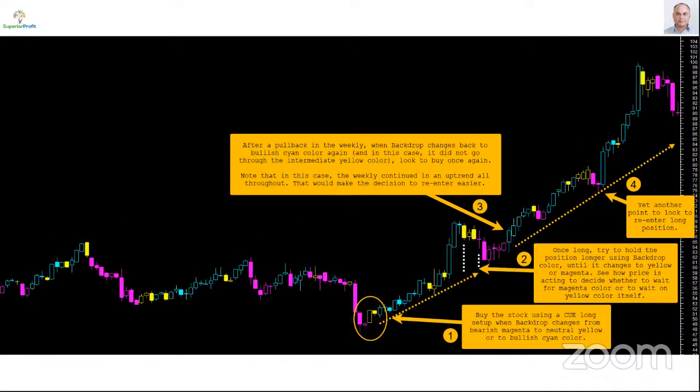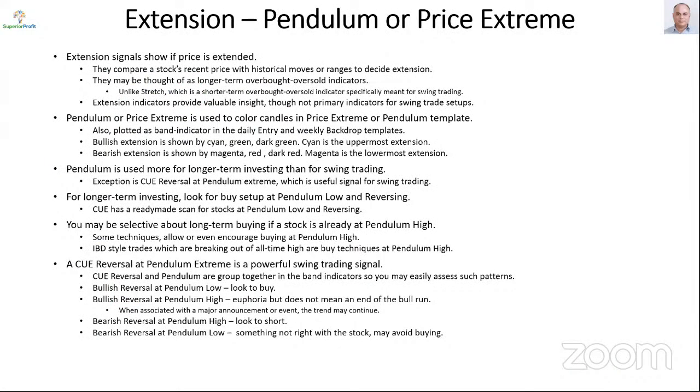Now, once a stock moves with momentum in up direction or down direction, then it becomes extended. And we have multiple indicators to assess the extension. Once momentum moves price to the upside or downside, it becomes extended.